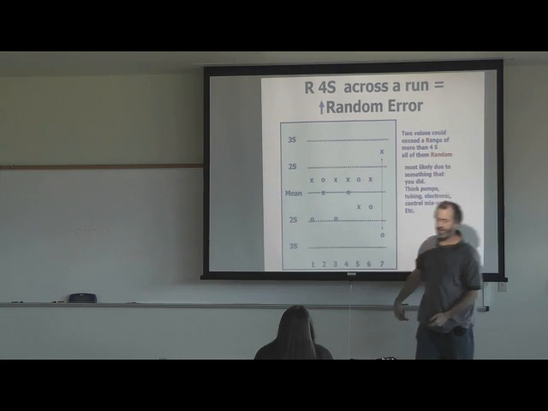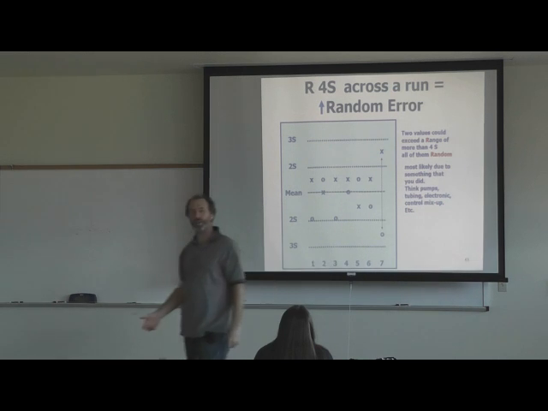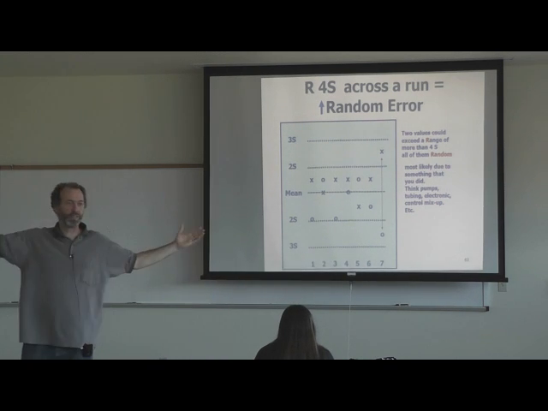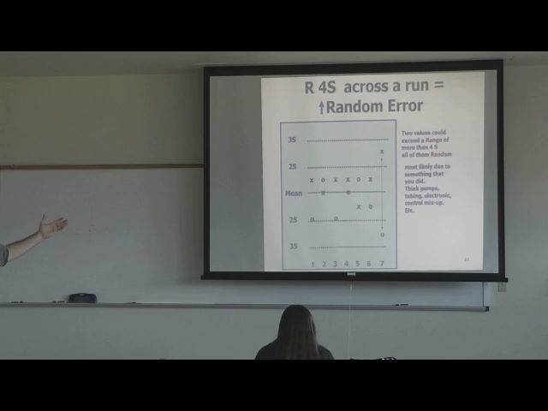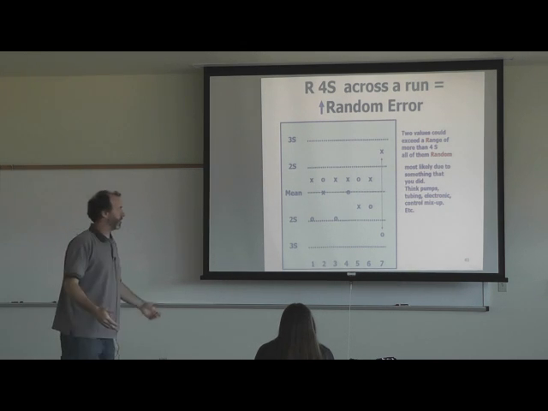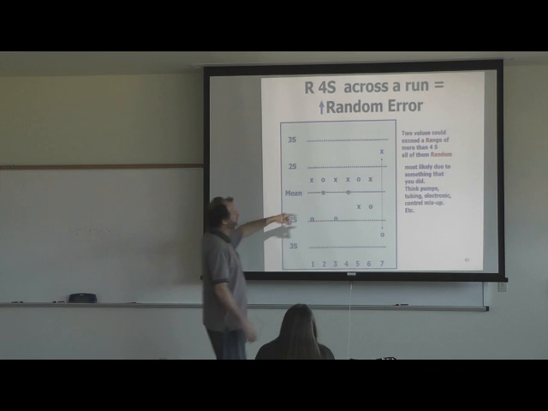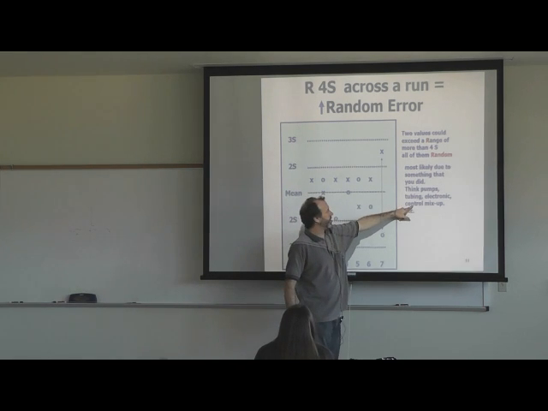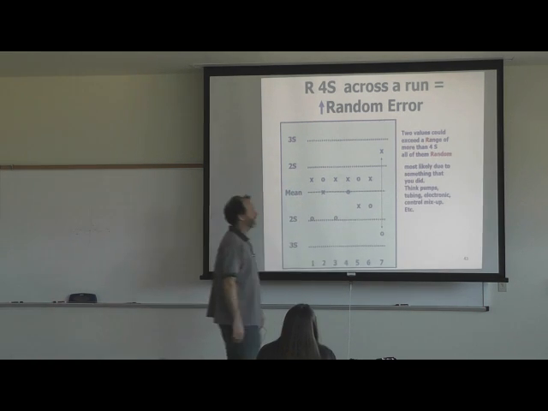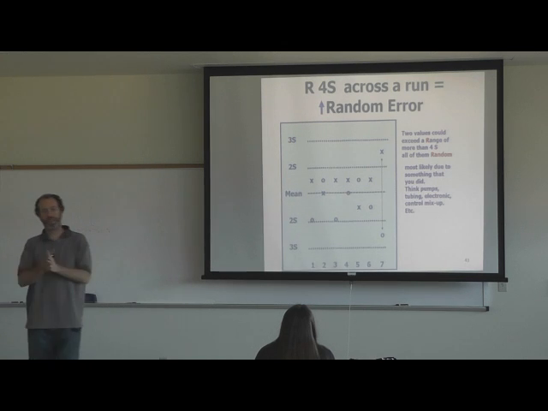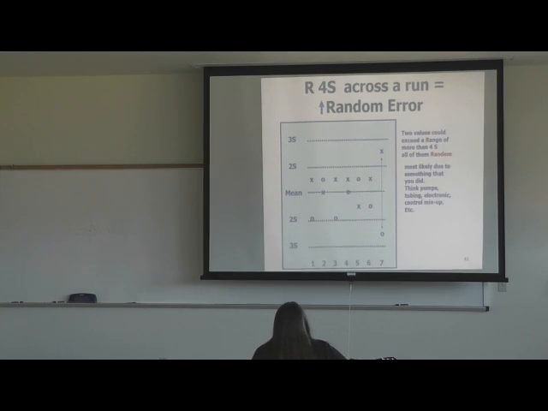They're on opposite sides of the mean, which tells you that there's greatly increased imprecision. I always get those words confused too. Greatly increased imprecision in the machine. And that could most likely have to do with something like pumps, tubing, electronics, or control mix-up. So it's going to be random, something that's going to increase your random variability.